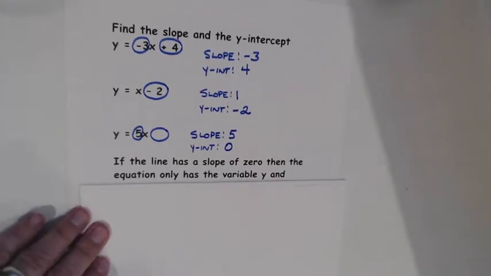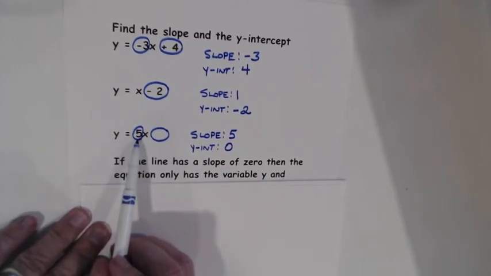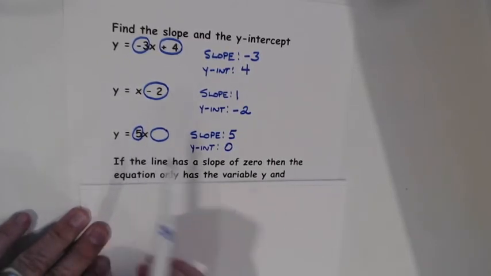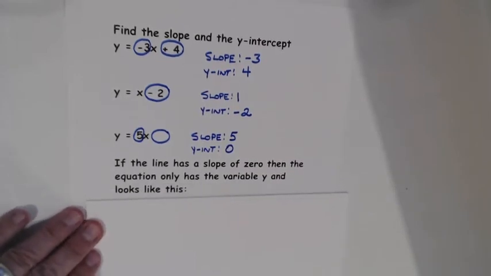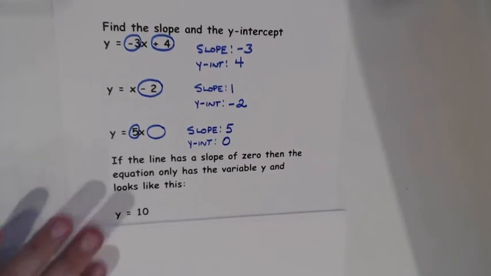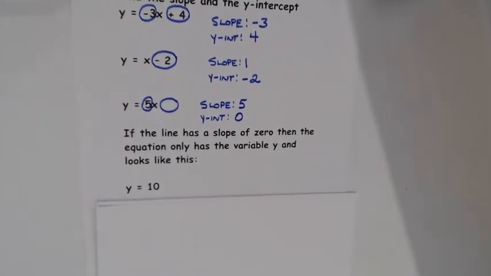If a line has a slope of 0, meaning if there's a 0 that needs to go in this spot right here, then the equation only has the y variable and a number and looks something like this. y is equal to 10. That's an equation that has a slope of 0. There's nothing to put in front of the x. Or when you put a 0 in front of the x, 0 times x is 0.